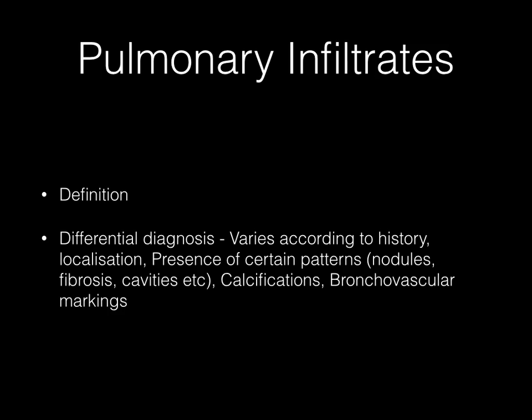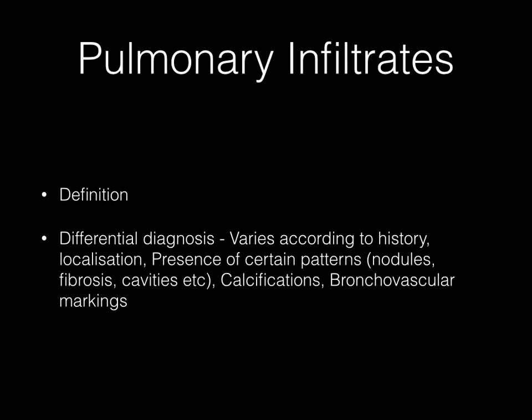It is considered to be a context-dependent, non-specific, and imprecise descriptive term when used in radiology reports. It may indicate pus, blood, protein, fluid, cancer, or anything of that sort. And therefore, the differential diagnoses are quite varied.